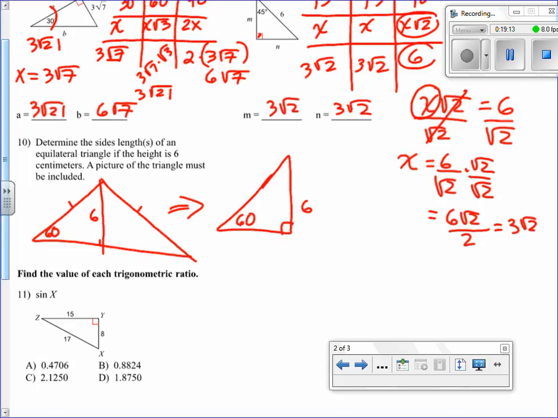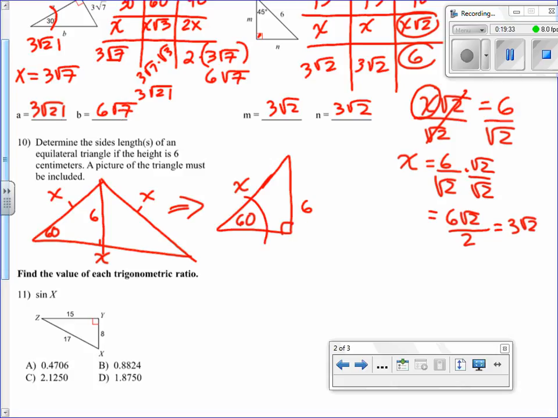And so if I know how long this hypotenuse is, then I know how long all 3 of these sides are, because they're all the same. So you just had to do a trig function. It didn't say you had to do it as a special right triangle. You could have. All right, I did mine just as a sine.